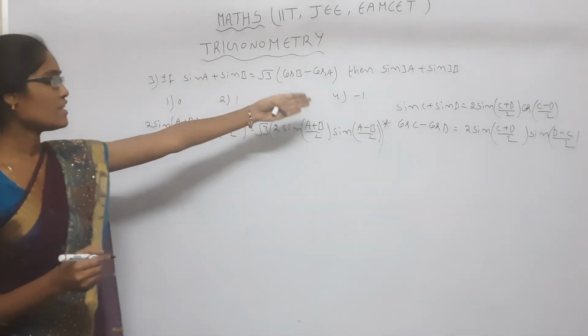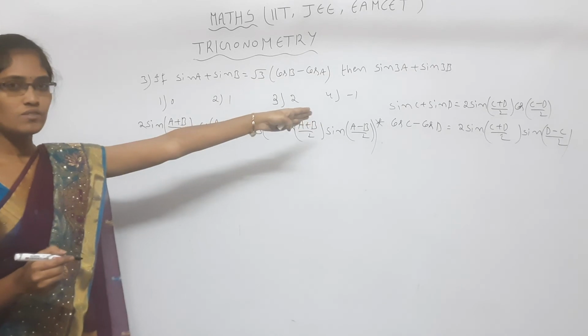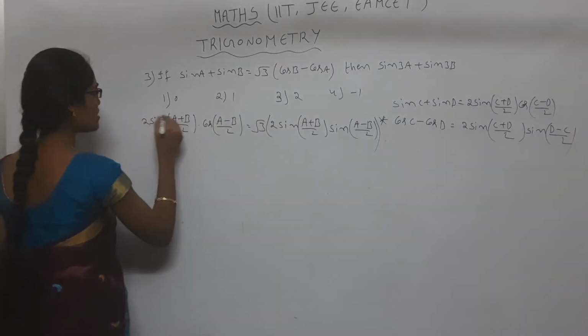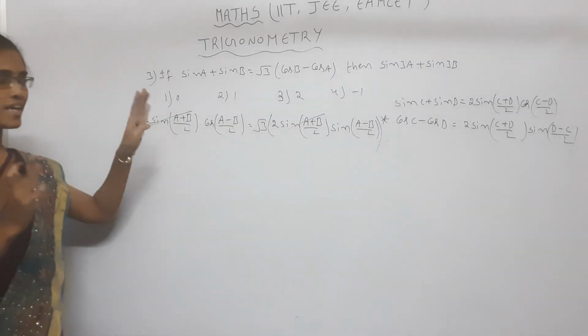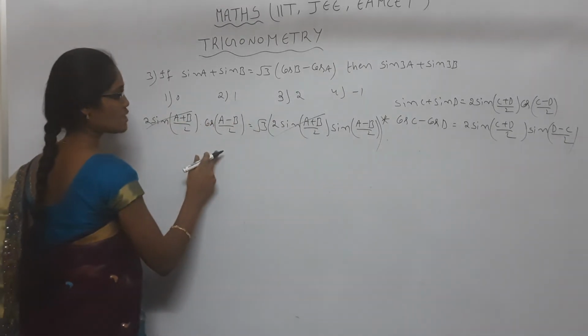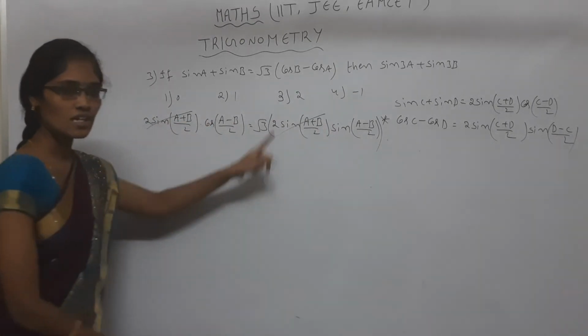Observe here, c means a and d means b. 2 sin of a plus b by 2 gets cancelled.